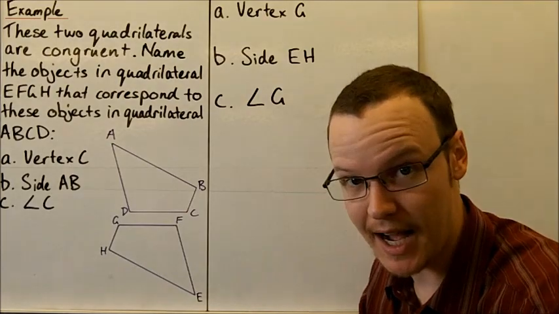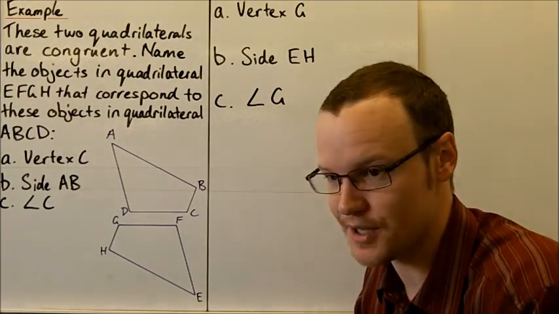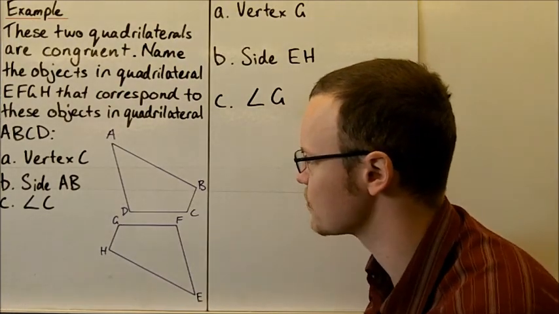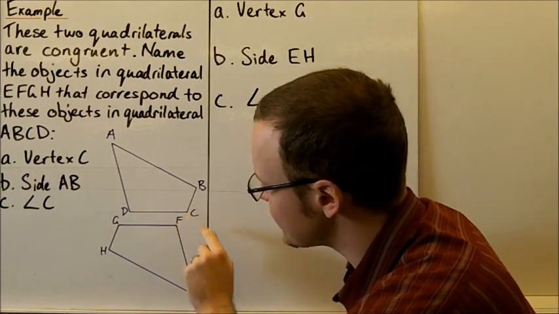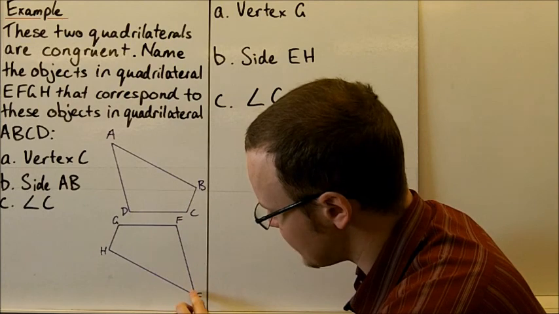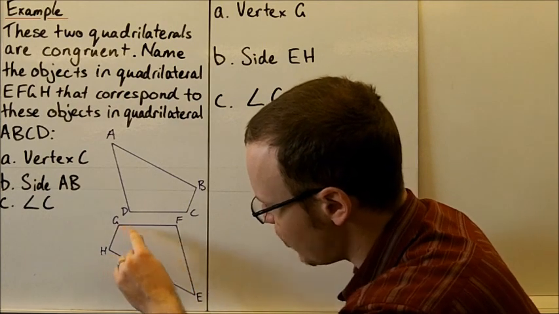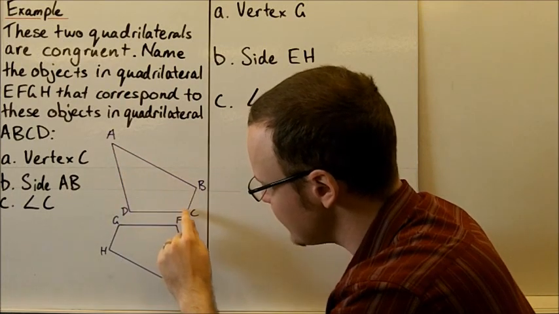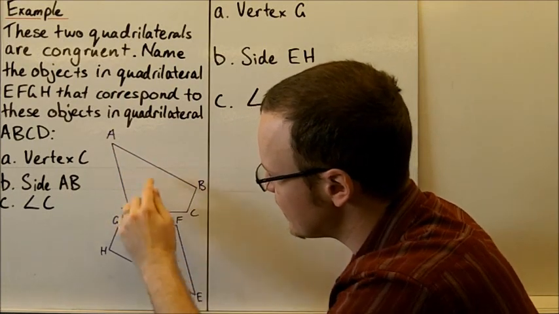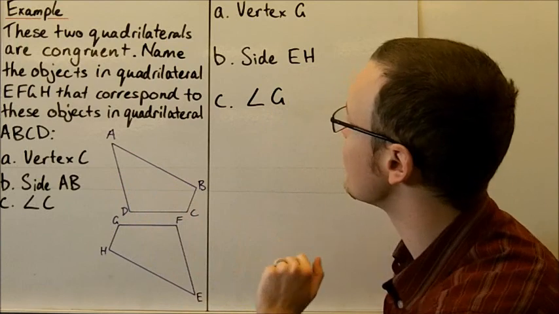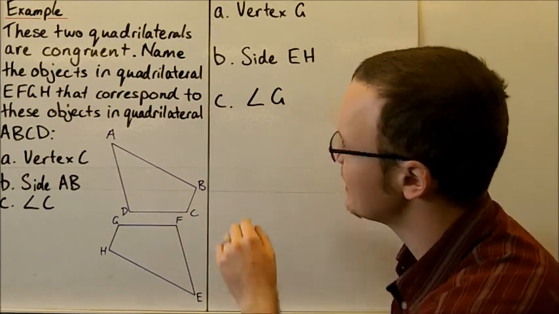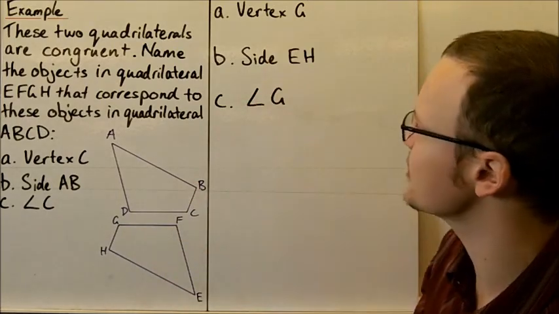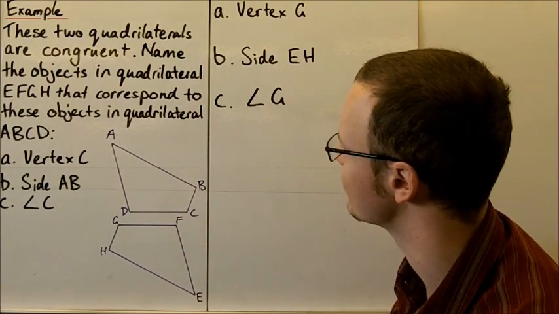If the properties of those vertices are the same, then there's a good chance that they could be corresponding. So we could see that this is the smallest angle here, and G is opposite the smallest angle. So this is the smallest angle in this one, and C is opposite the smallest angle in this quadrilateral here. So vertex G seems to be opposite the smallest angle. Okay, so that's why we can say it's vertex G.